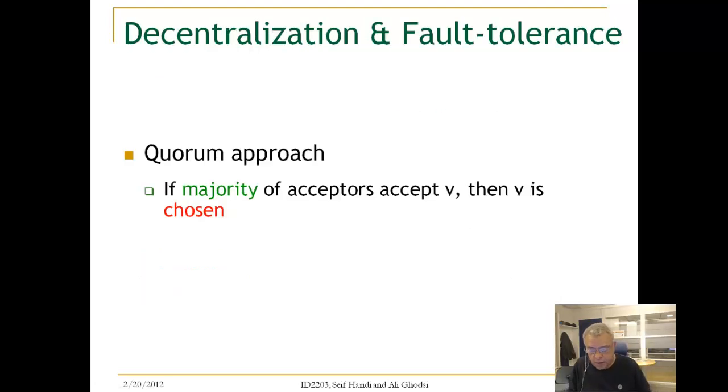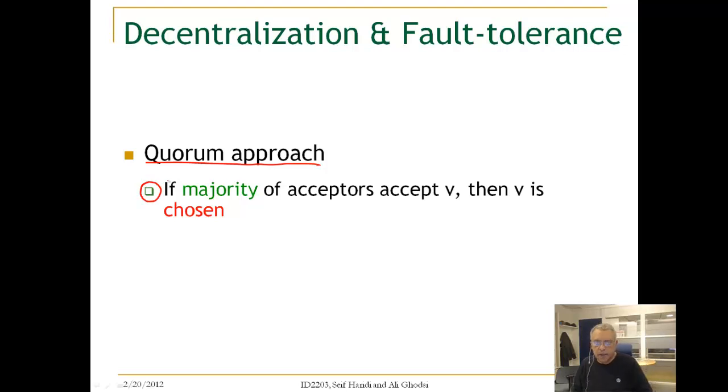So what do we have? We actually have a quorum approach. We have a set of nodes or roles, which we call in this case the acceptors. And we say that if a majority of acceptors accept a value V, then this value will be the chosen value, and it will never change.